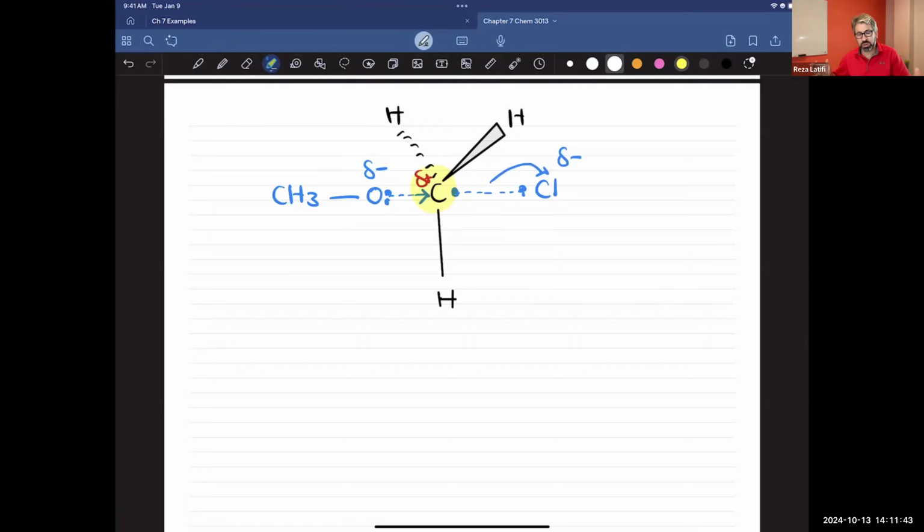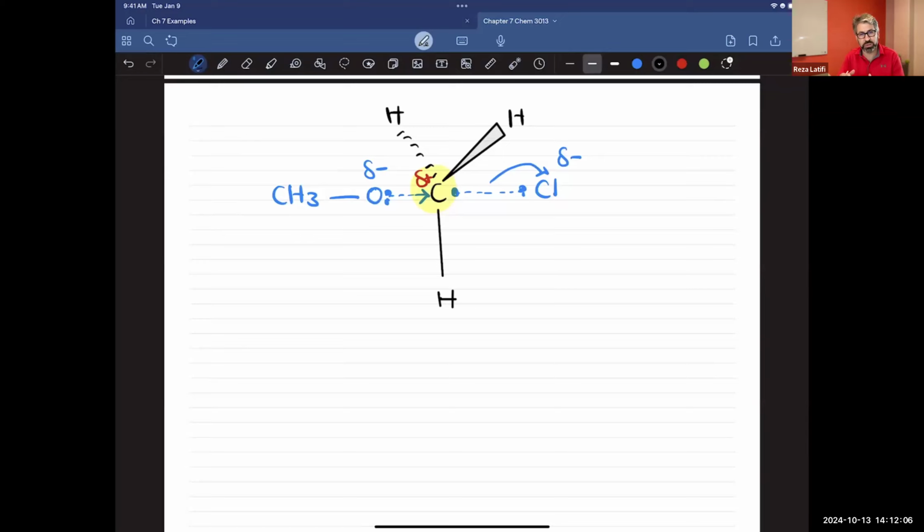Okay, now where is our solvent? Our solvent can be anywhere. Let's say we have a polar solvent. The polar solvent is not going to be able to reach carbon and stabilize the transition state.